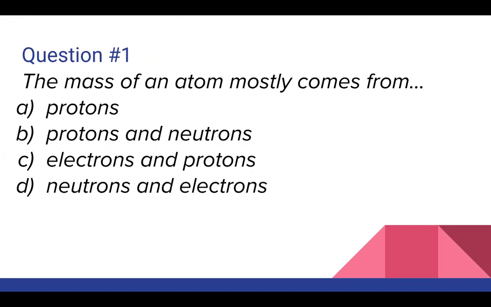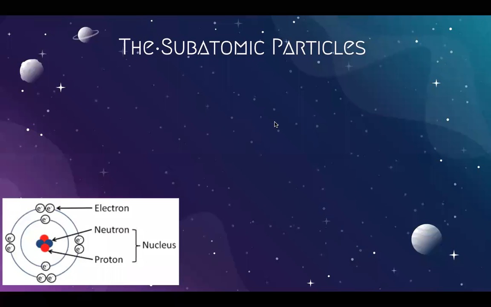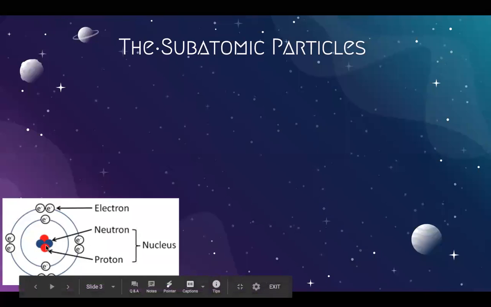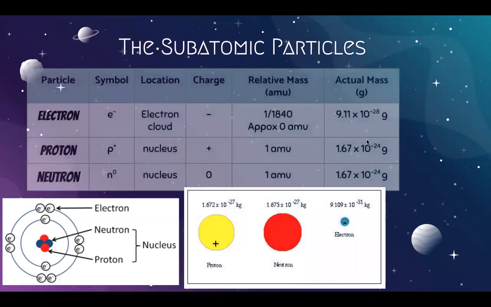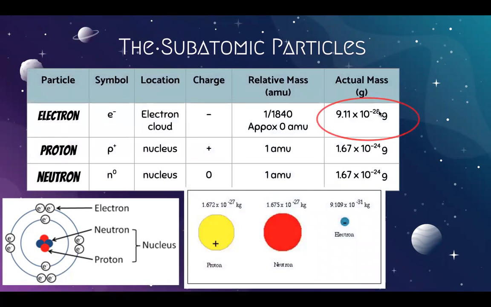The mass of an atom mostly comes from, well, if you remember from the notes, most of the mass is in the nucleus. Now there are electrons that also make up the atom, but electrons are much smaller and much less massive. In fact, by a factor of 10 to the negative 4.